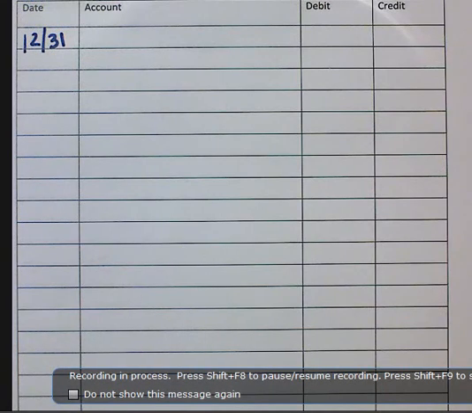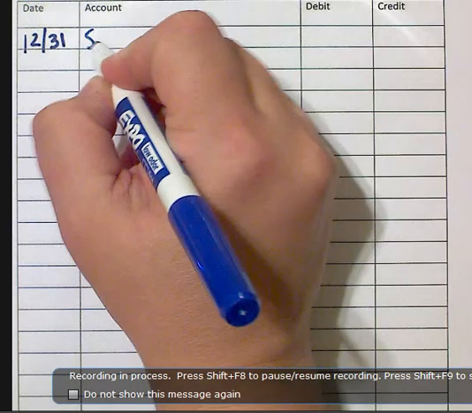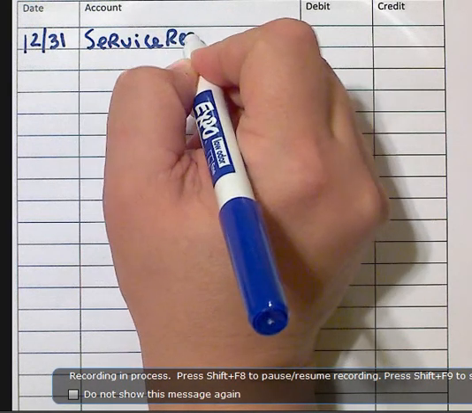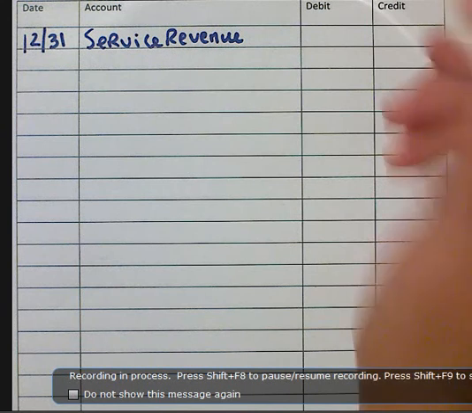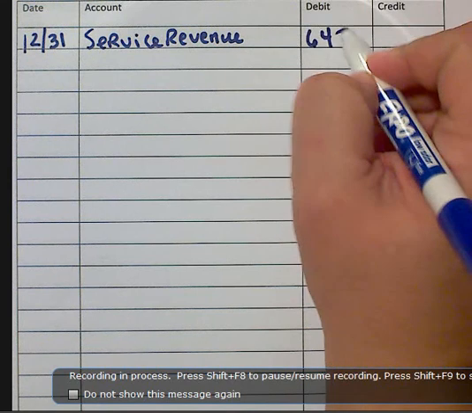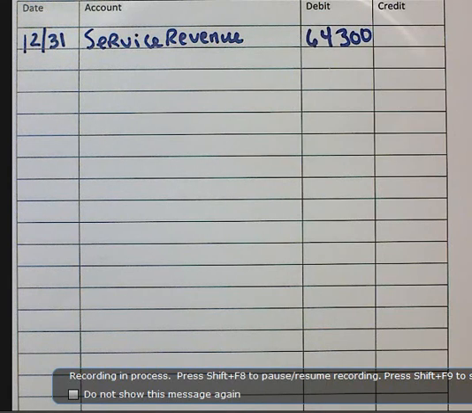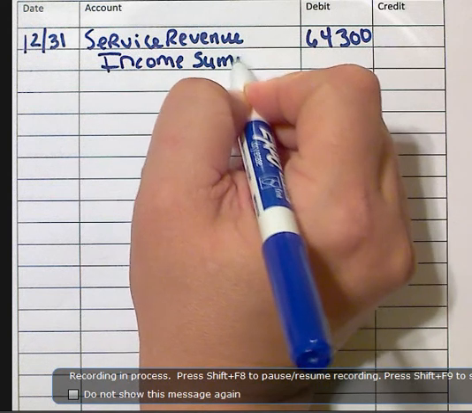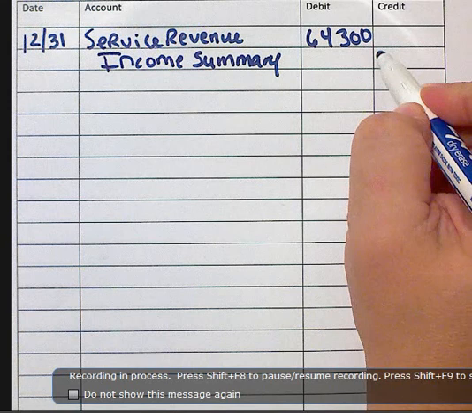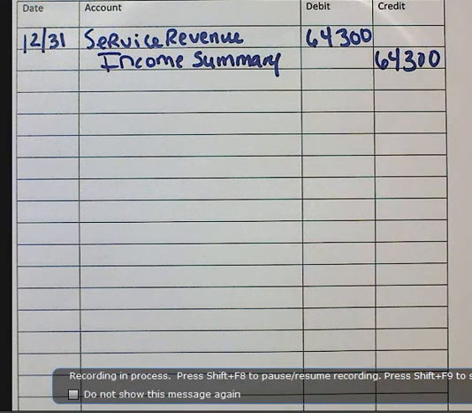And since service revenue has a credit balance, we're going to close it out by debiting service revenue for the account balance of $64,300. And then we're going to credit income summary for $64,300. Okay, and that's to close out service revenue.